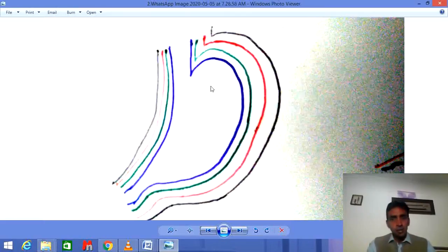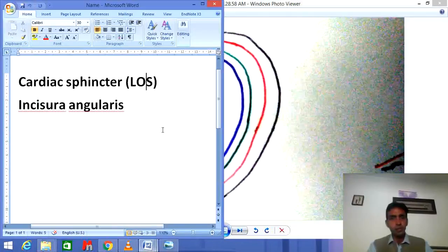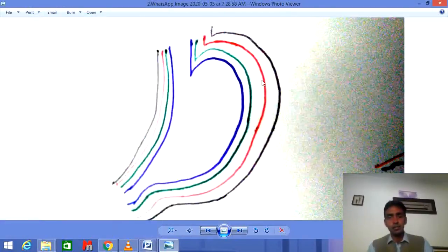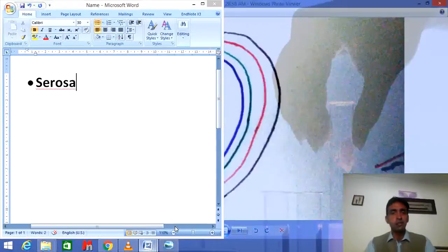Now coming toward this diagram. In this diagram you can see the stomach is composed of four basic layers. The outermost layer, the black layer, is called serosa. The next layer, the red layer, is called muscularis.